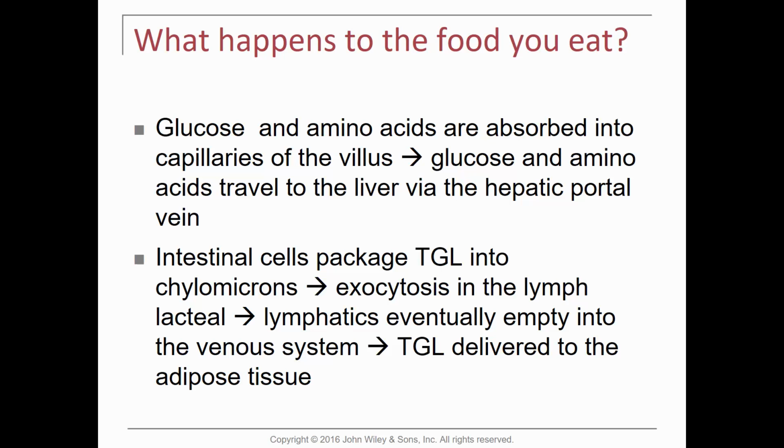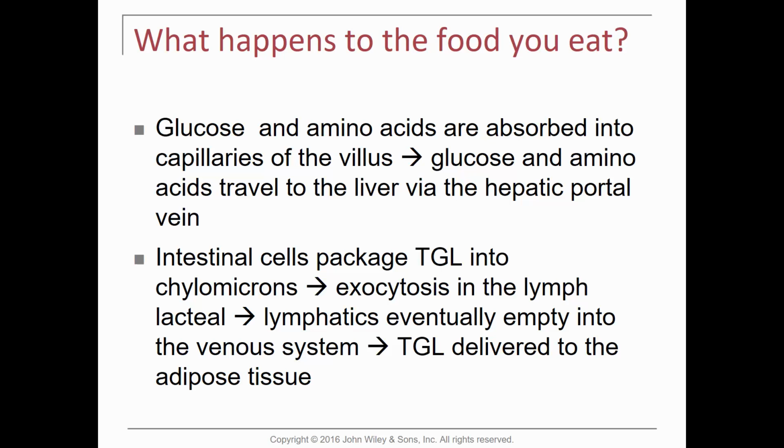Also remember that there was a process of emulsification and fat digestion. Those are absorbed with the help of micelles, and inside the intestinal cells, that glycerol and those fatty acids are turned back into triglycerides.